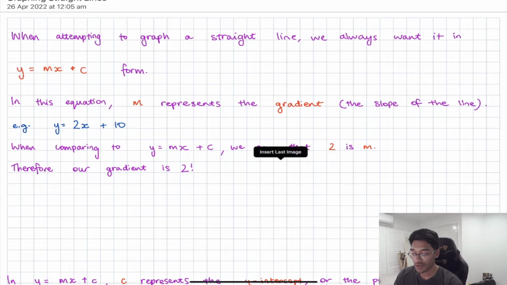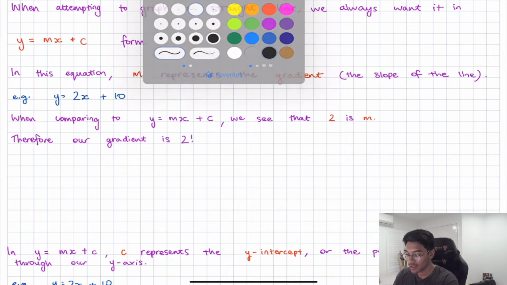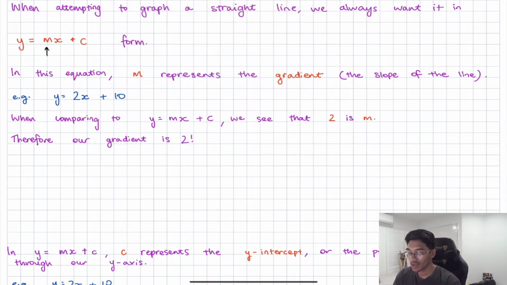Now, a quick refresher. In this equation, m, this part here, represents our gradient, which is known as the slope. What that means is how far right the graph goes for every one up it goes as well. So for example, y is equal to 2x plus 10.